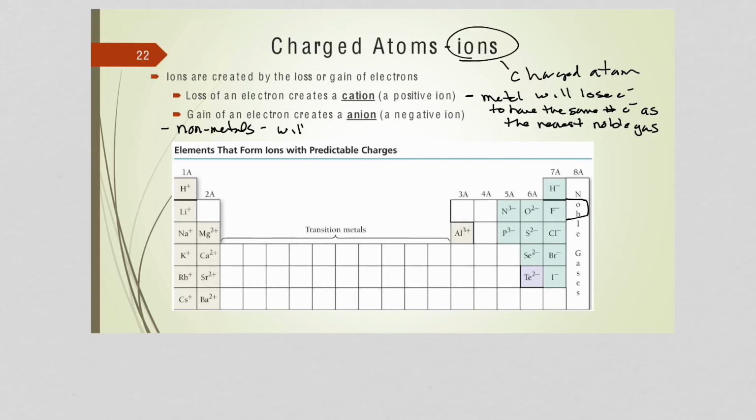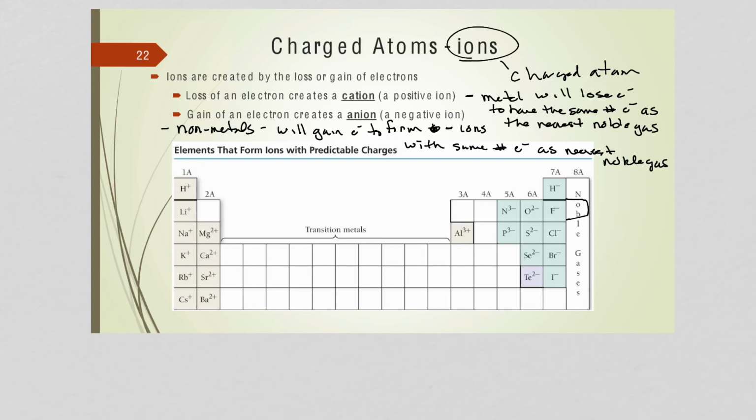They will gain electrons to form negative ions with the same number of electrons as the nearest noble gas.